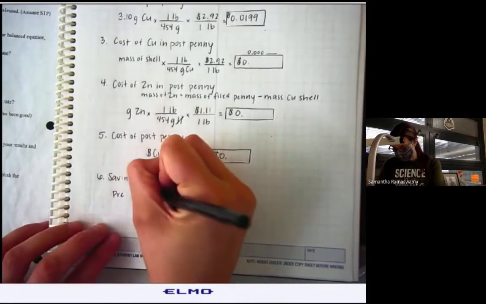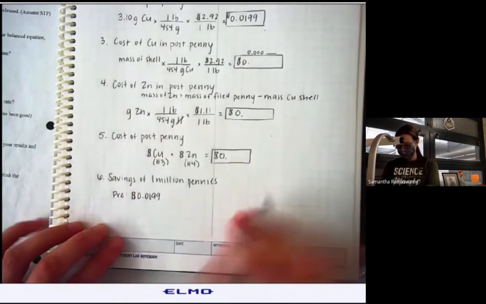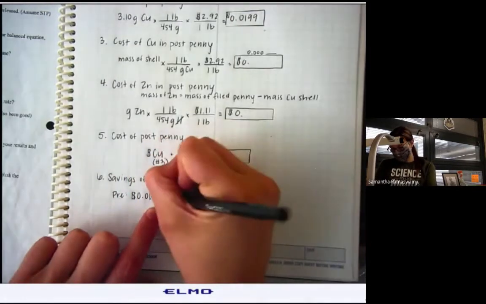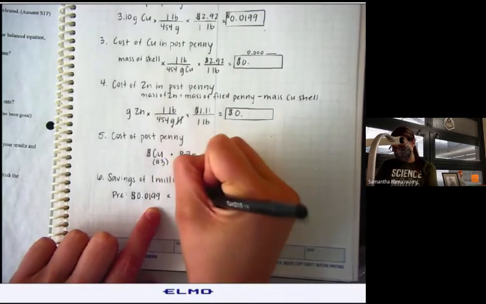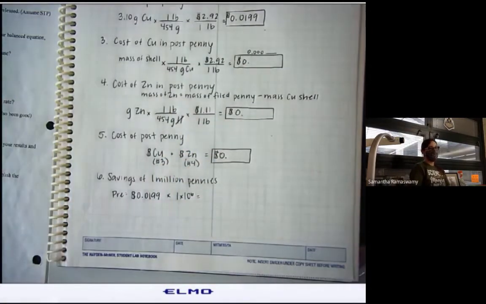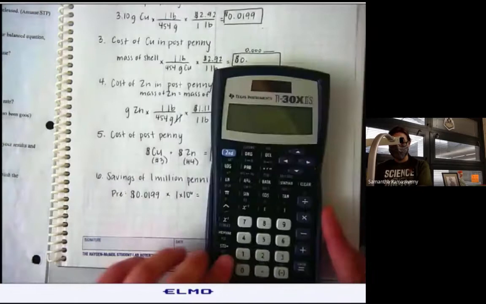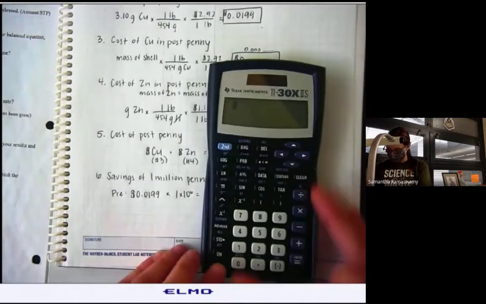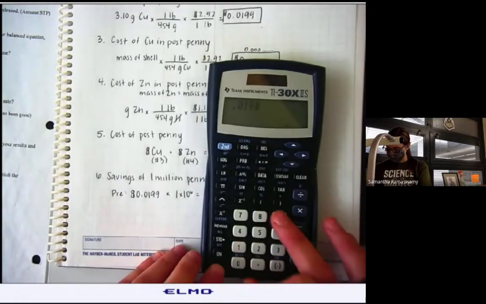So 0.0199 to make 1 penny. Well, let's figure out how much it costs to make 1 million pennies. 1 million is 1 times 10 to the 6th. If you want to do 1, 6 zeros after, that's fine. But let me show you what this looks like. So 0.0199 times.